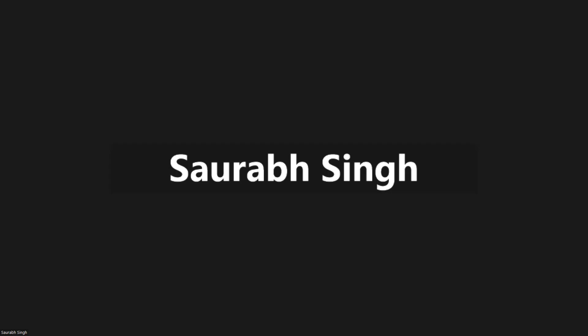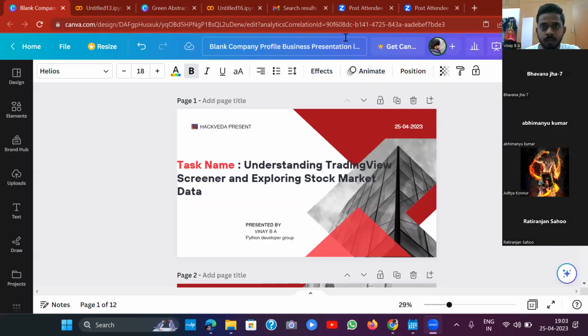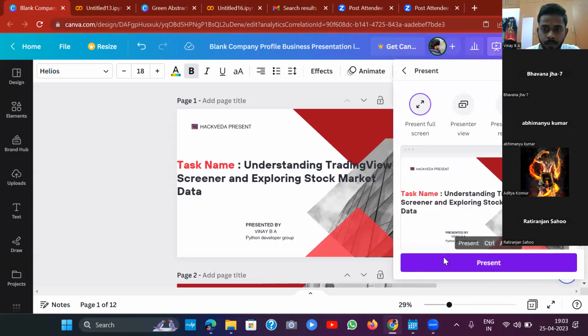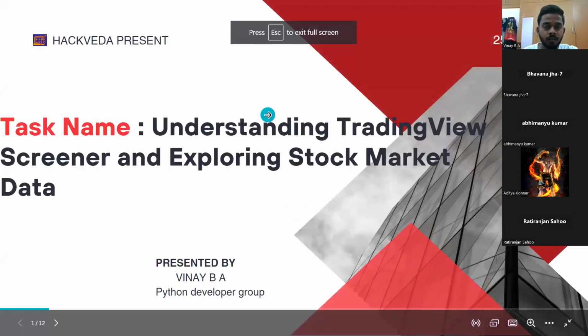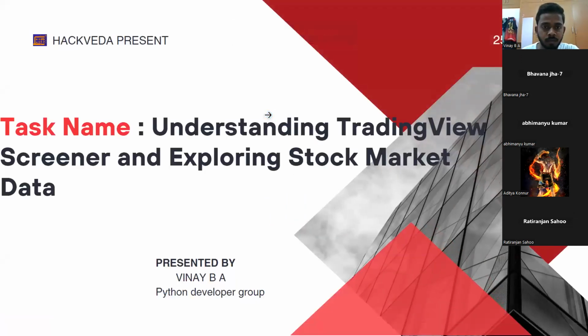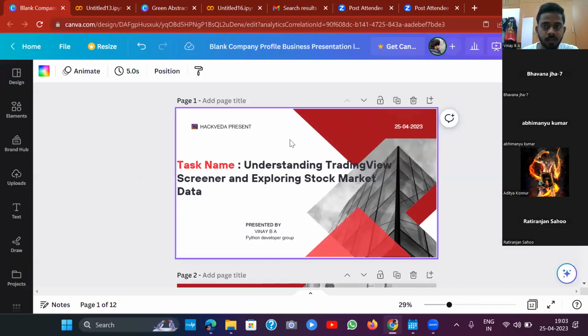Sir, screen sharing is disabled for participants, sir. Yes, just a second. Enable the screen share. Yeah, now you can try again. No, it's fine, sir. Thank you, sir. Sir, is my screen visible, sir? Yeah, your screen is visible. Just a second, let me cross-check whether this presentation has been scheduled or not.